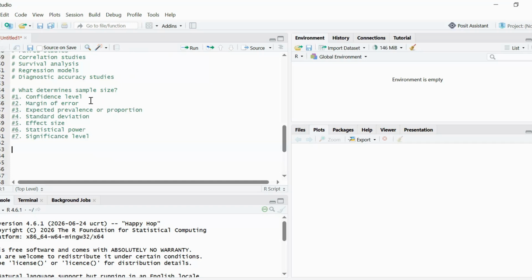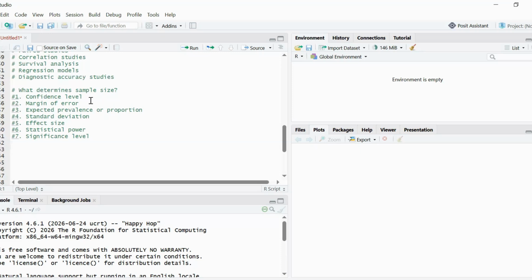So R provides much greater flexibility because it allows you to calculate sample size for different study designs, customize parameters, reproduce your analysis, generate publication quality outputs, and perform advanced power analysis. Most importantly, R is free, open source, and widely used in research worldwide.